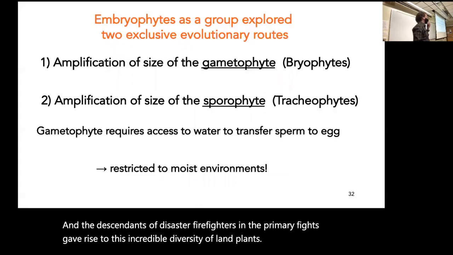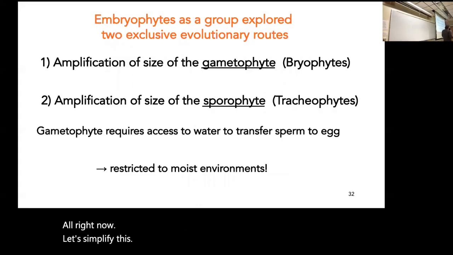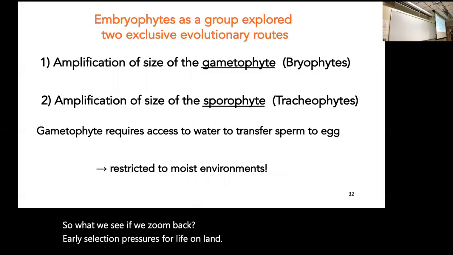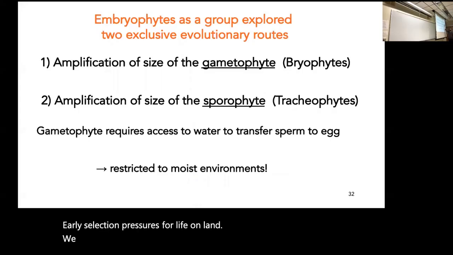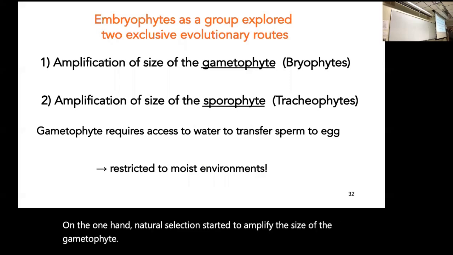All right, now let's simplify this. If we zoom back to the early selection pressures for life on land, we see two differing evolutionary routes. On the one hand, natural selection started to amplify the size of the gametophyte, the bryophytes.